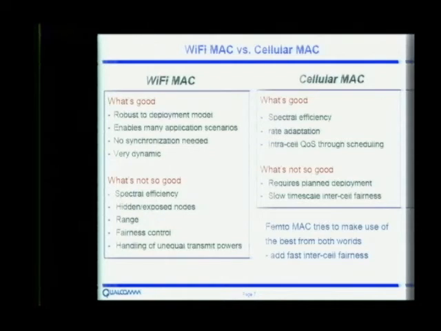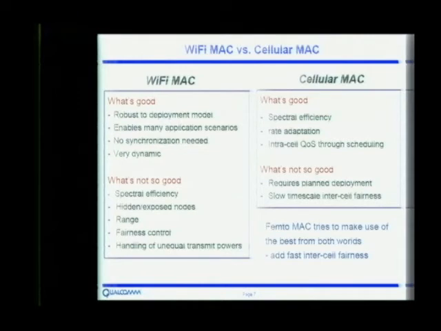But it suffers from quite a few problems, and I'm sure most people in this room are aware of them. The spectral efficiency that you can attain is not optimal because it does too much optimization across transmissions. Then it suffers from hidden and exposed node problems. You can solve that to some level, but not fully. And with fairness control, with the current technology, you don't have enough hooks to do fine-grained fairness control.